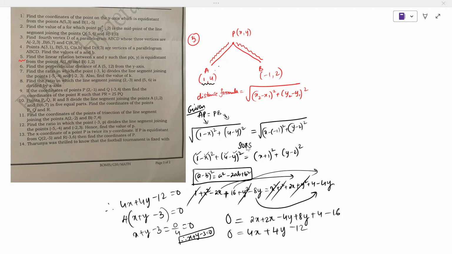Squaring on both sides, when you square on both sides, the square roots get cancelled. (1 minus x) square plus (4 minus y) square is equal to (x plus 1) square plus (y minus 2) whole square. Apply the (a minus b) whole square formula.